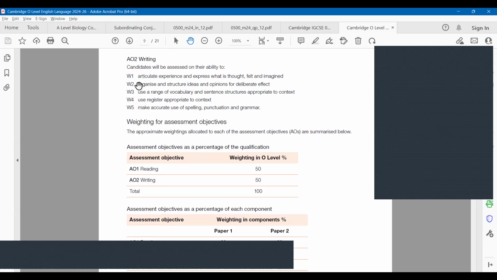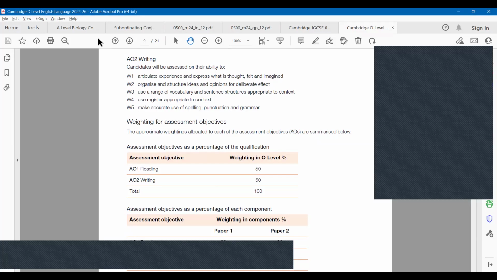As for the writing tasks, you'll be assessed on whether you can articulate experience and express what is thought, whether for a narrative or a descriptive piece, whichever one you choose. So whether you can put into words what you've been asked to, and properly organize and structure your ideas.